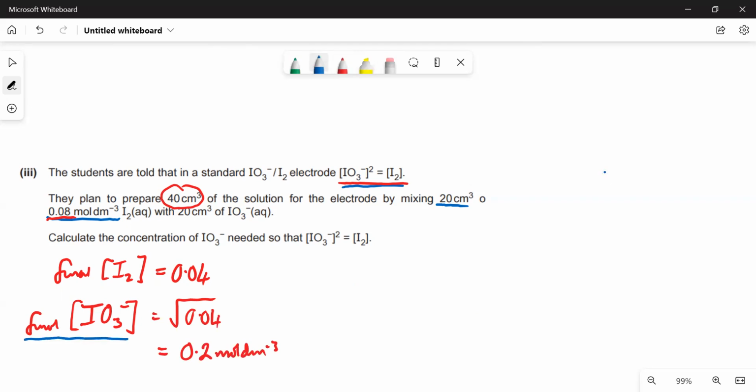So what strength of solution do we need for the 20 centimeters cubed of the iodate? Well, it's obviously going to have to be double that, isn't it? Because you're adding 20 of that and then diluting it to 40. So the concentration of the iodate solution should be 0.4 mole per decimeter cubed.